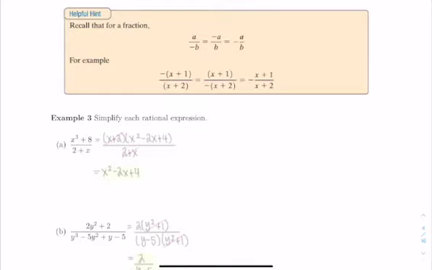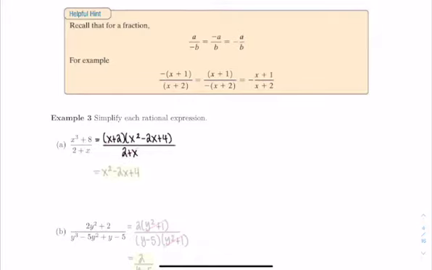Let's go ahead and look at example number 3. x cubed plus 8 over 2 plus x. So what you need to remember about the top is this is a sum of cubes. And so this factors as x plus 2 times x squared minus 2x plus 4 all over 2 plus x.